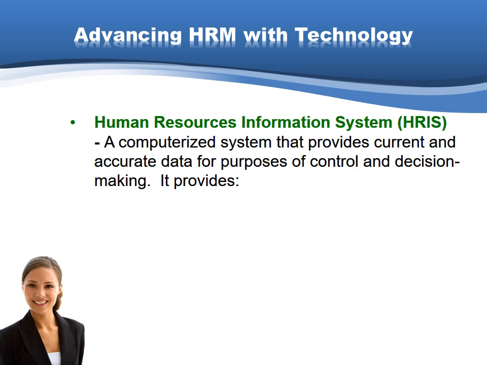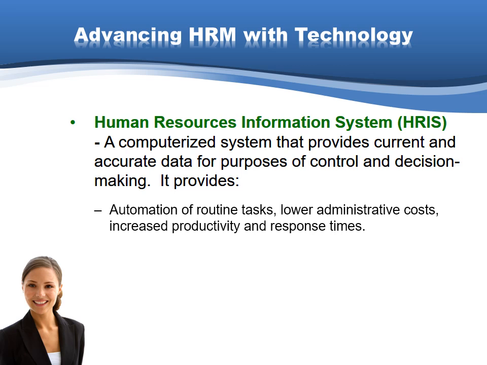The Human Resources Information System is a computerized system that provides current and accurate data for purposes of control and decision making. It provides automation of routine tasks, lower administrative costs, increased productivity, and response times. Increased productivity is very important. That's what helps put more on the bottom line.